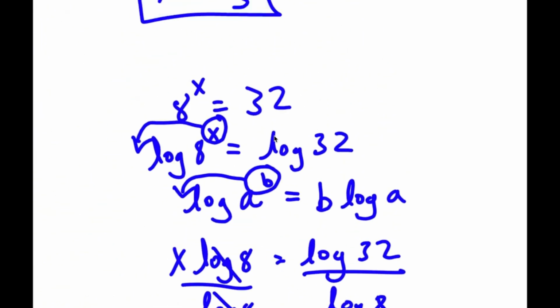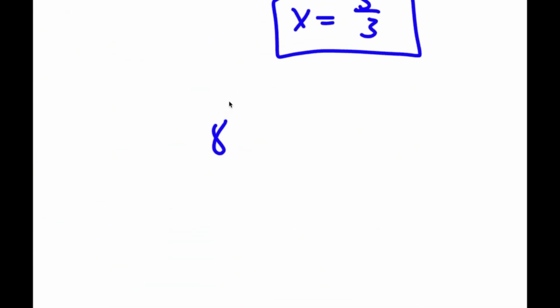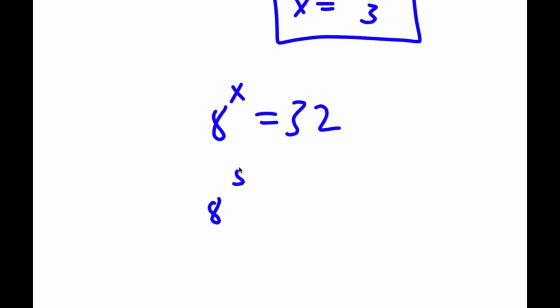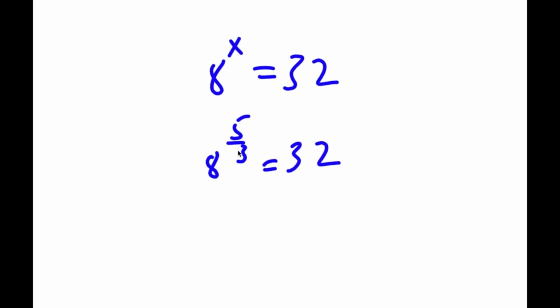Now to check, we have a to the power of x is equal to 32. x is equal to 5 over 3, so I have a to the power of 5 over 3 is equal to 32. Now a to the power of 5 over 3 is the same thing as the cube root of a to the power of 5, which is equal to 32.